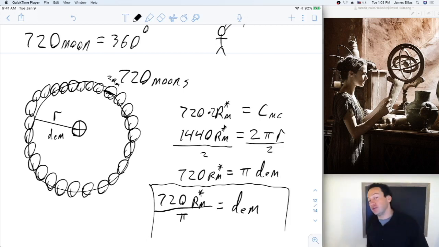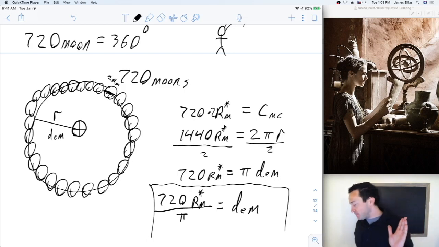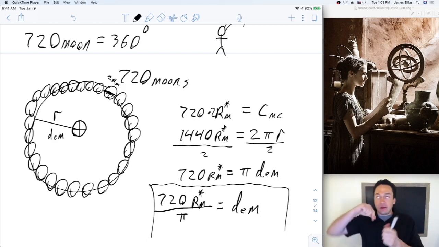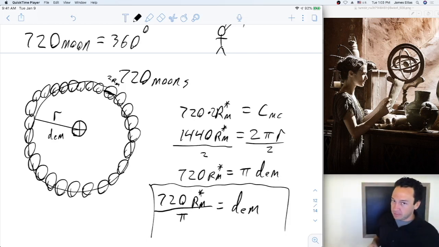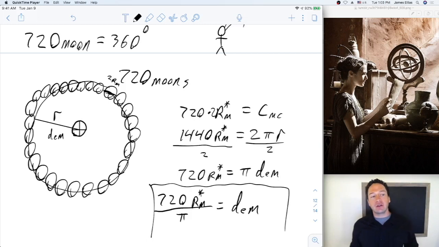Now, this makes a certain assumption. This makes the assumption that the moon is always the same distance away from the Earth, which is not quite true, but it's quite close to being true. It turns out that the moon goes in an elliptical path around the Earth, but the ellipse is pretty close to being a circle. So as a result, Aristarchus gets the right number.